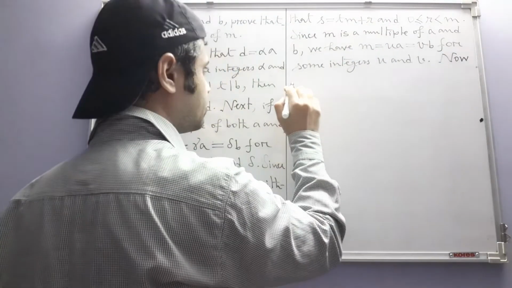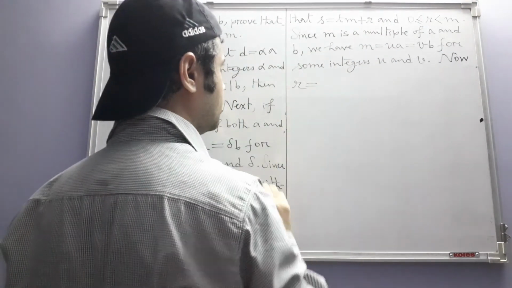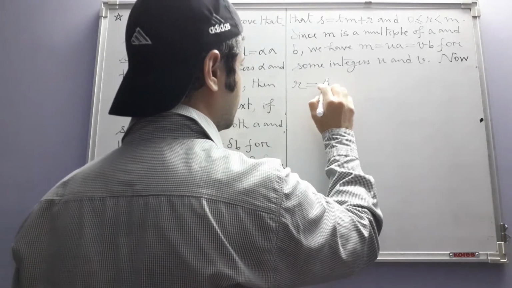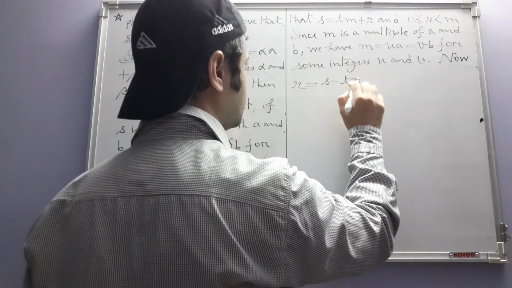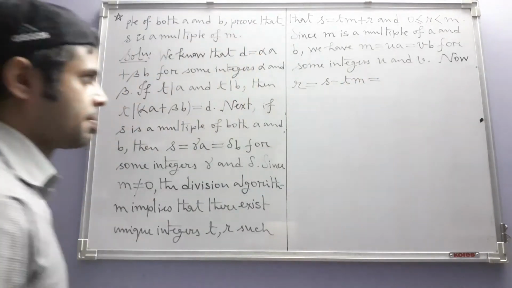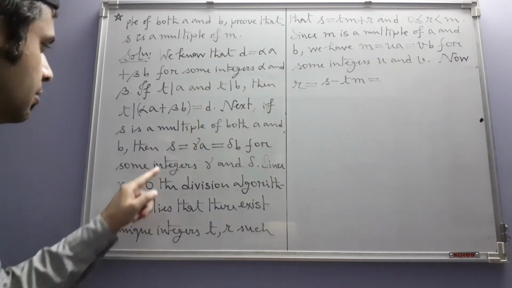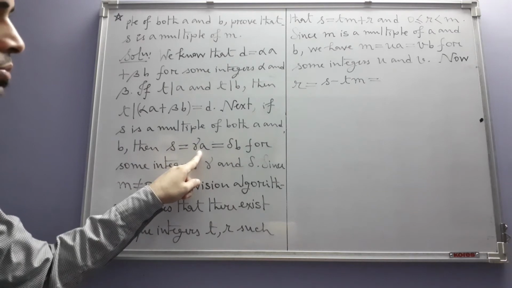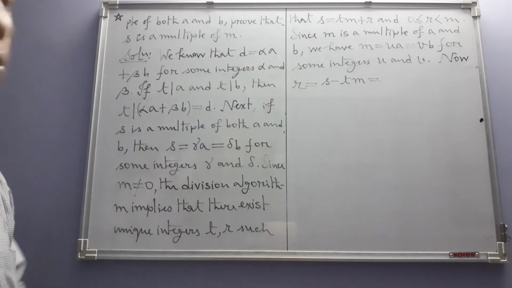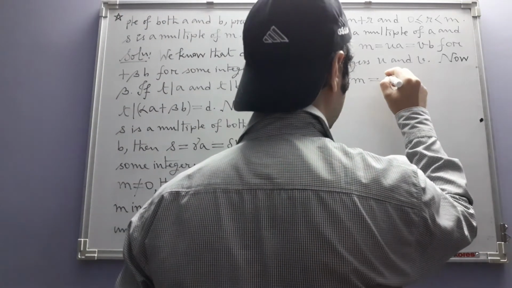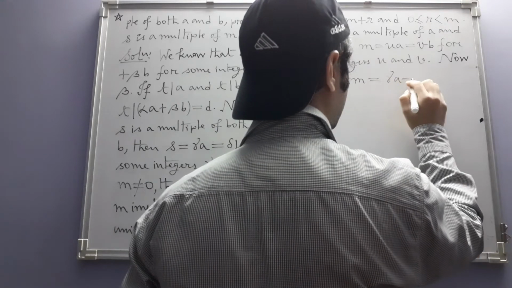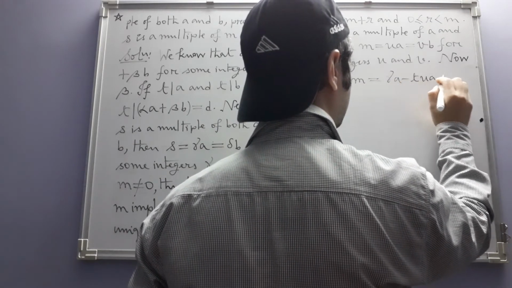Okay, now we can work with this equation. Now R is equal to S minus PM. On one hand S is gamma A and M is uA, so we can use that: gamma A minus P uA.